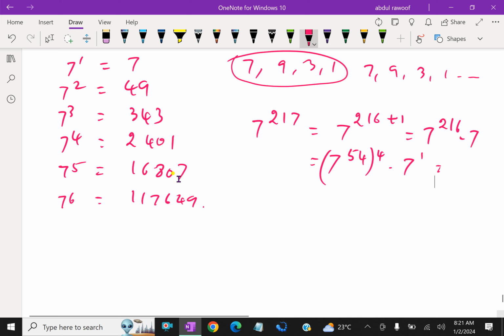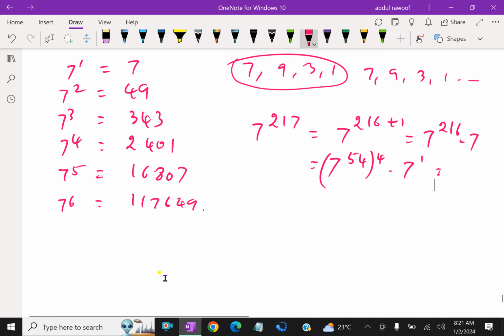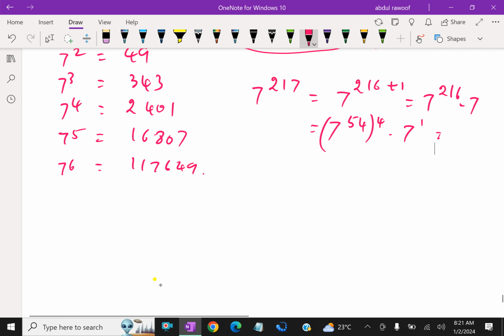For every 4 powers, the last digit is 1, so then next is 7 power 217, and the 7 comes here. Therefore, the last digit of 7 power 217 is 7.